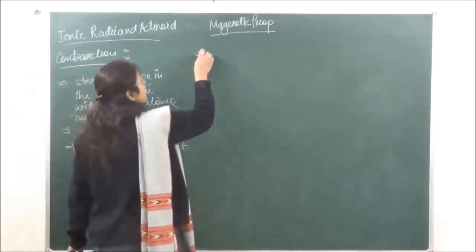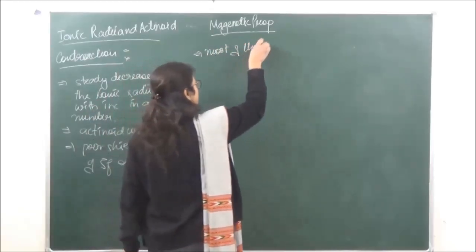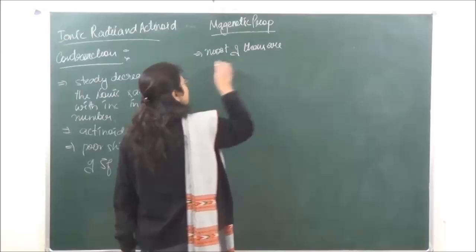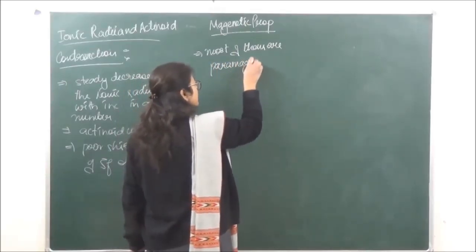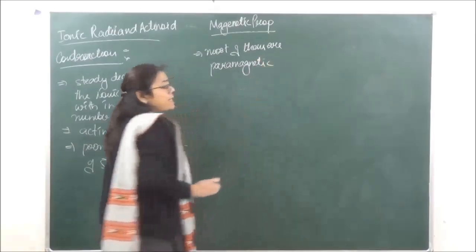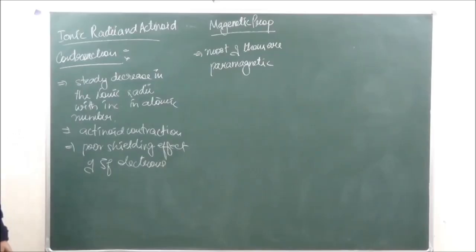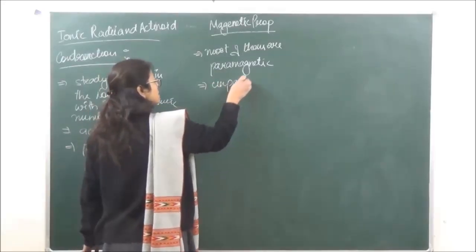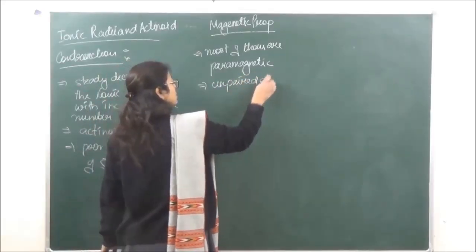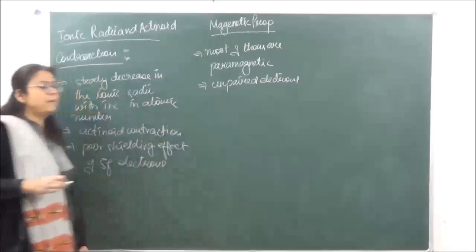It is seen that most of the actinoids are paramagnetic in nature because they contain unpaired electrons.